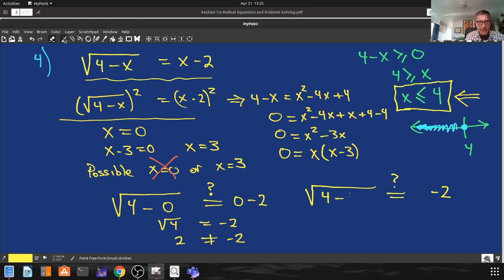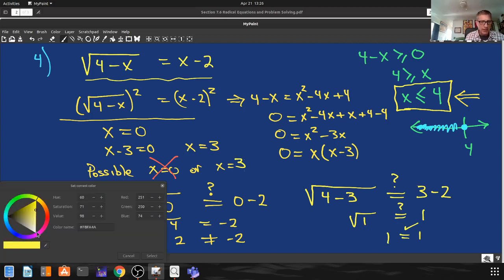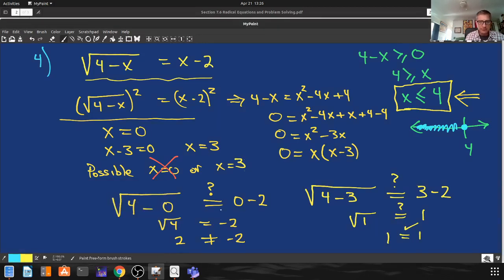So I'm checking x is equal to 3. So is the square root of 4 minus 3 equal to 3 minus 2? Well, the square root of 4 minus 3 is the square root of 1. Is that equal to 1? Yes. 1 is equal to 1. Check. So my only answer is the second answer. x is equal to 3 is the only answer.